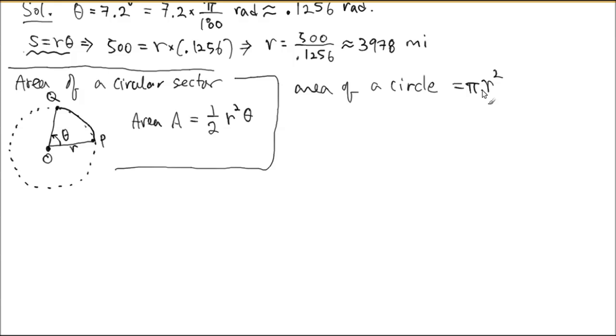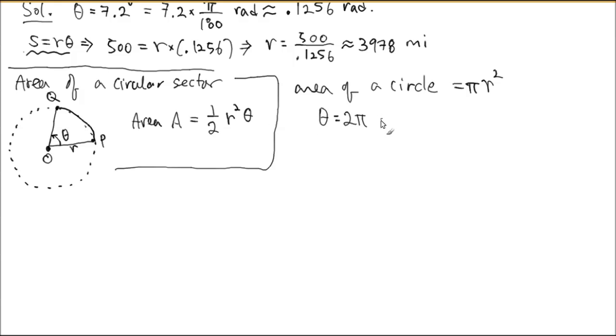Can you look at the full circle as a circular sector with subtended angle theta? What would that theta be for the full circle? Full one rotation, 2 pi, 360 degrees. So stick that 2 pi in here. The 2 cancels, and you get pi r squared.